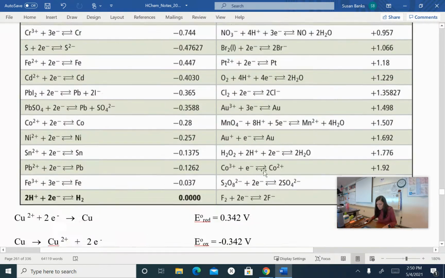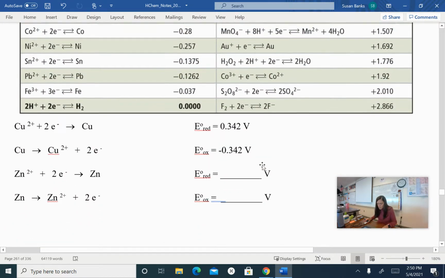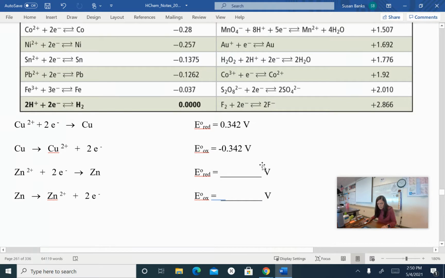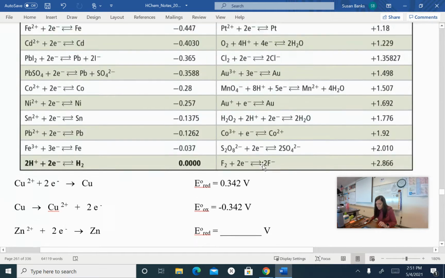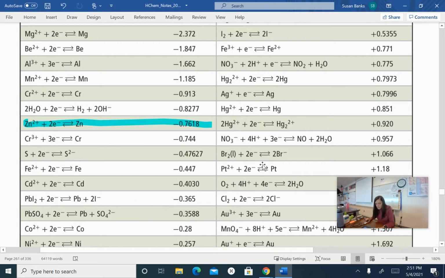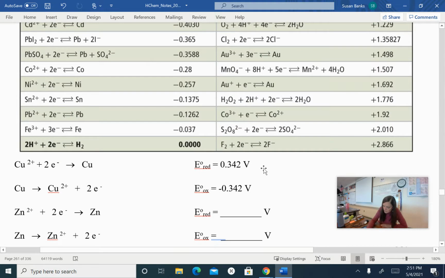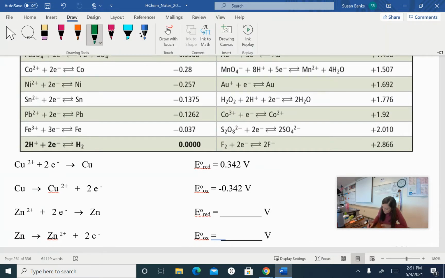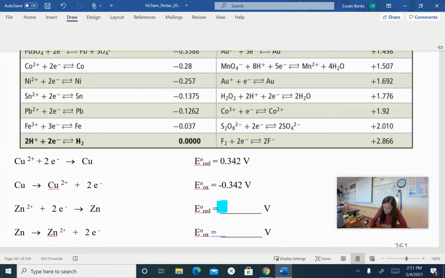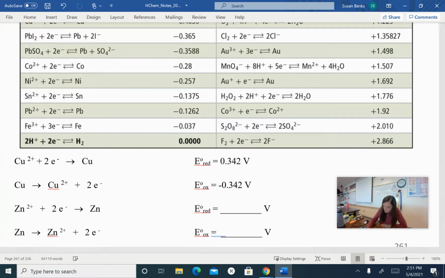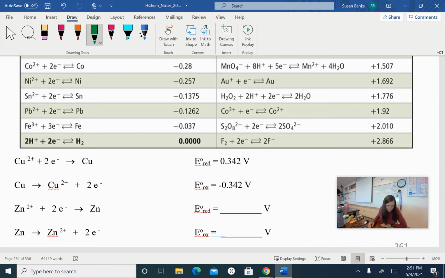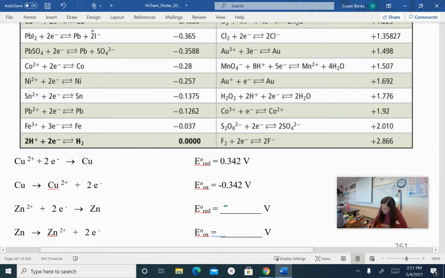Okay, so let's put that down here. Zinc +2 plus 2 electrons, going in this direction, is negative 0.762.